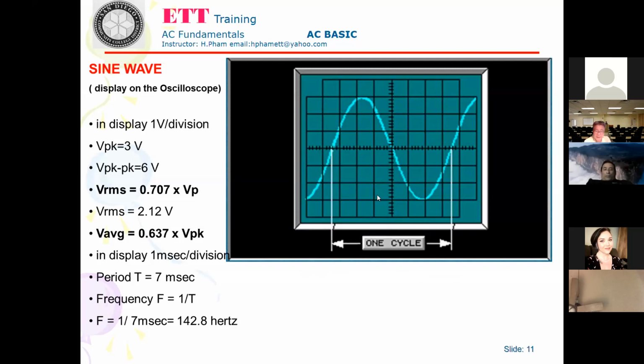Peak to peak means from the bottom here, go to the top, take how many divisions? 1, 2, 3, 4, 5, 6. 6 divisions. And you look in your scope at how many volts they set per division. For example, 1 volt. Then 1 volt times 6, you get V peak to peak is 6 volts.